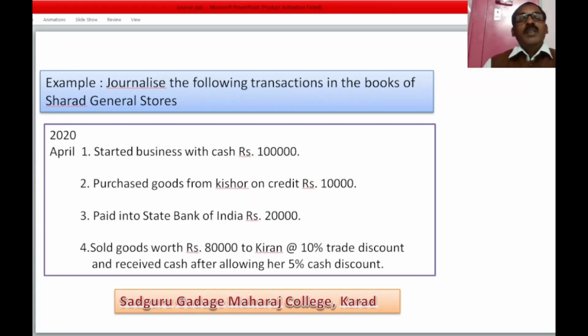Paid into State Bank of India rupees 20,000. Sold goods worth rupees 80,000 to Kiran at 10% trade discount and received cash after allowing her 5% cash discount. I will explain how to record these transactions in the books of Sharad General Stores.